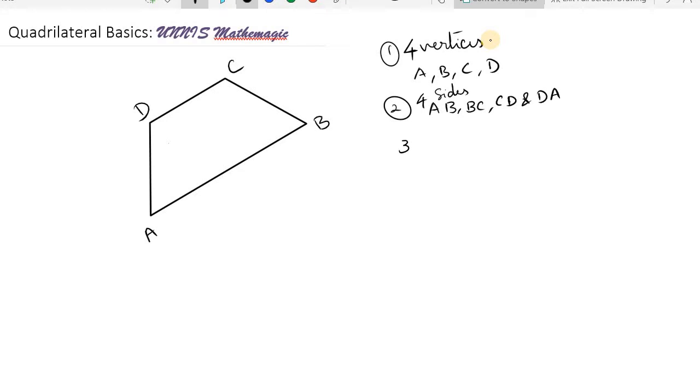And you have four angles. There would be angle A, angle B, angle C, and angle D.